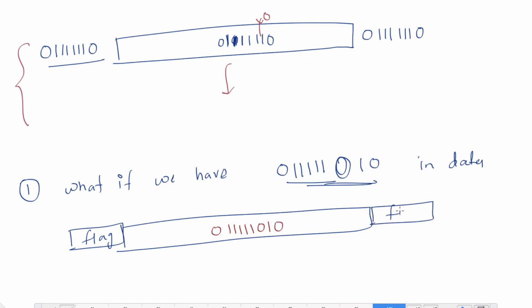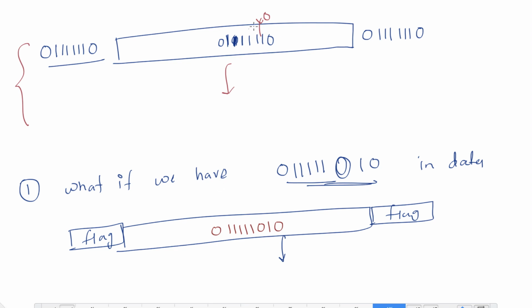Suppose we send it as it is, then the receiver will think what? This 0 has been added by us as the sender. Then the receiver will remove this 0 and will not consider it a part of data, which is clearly wrong.